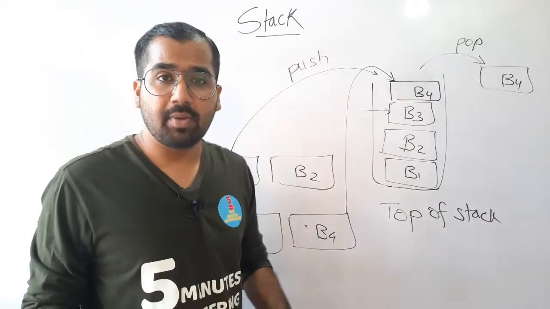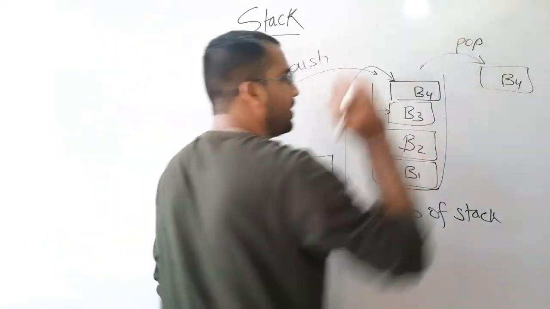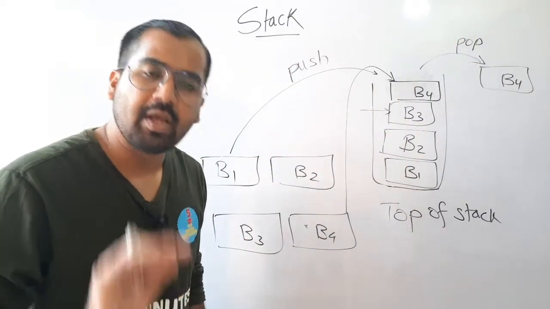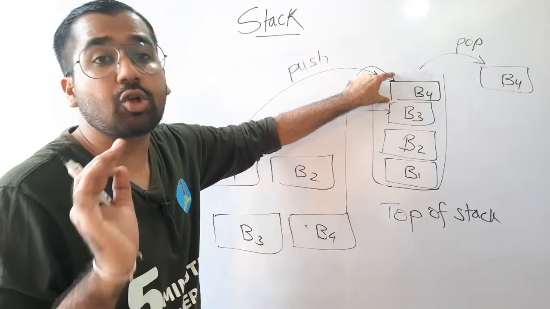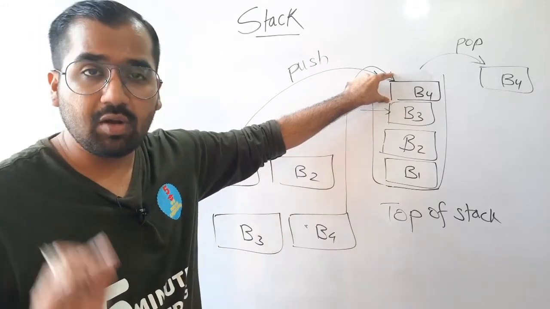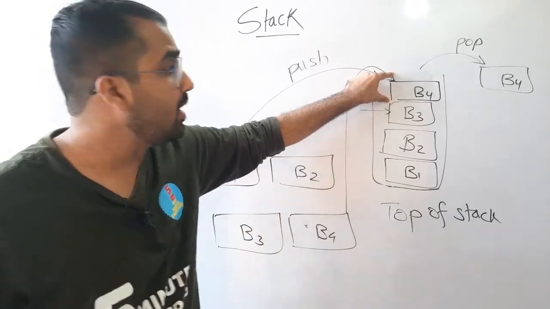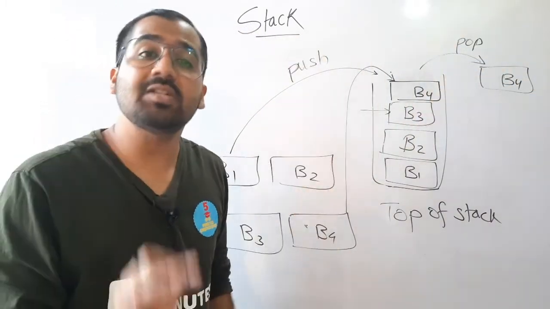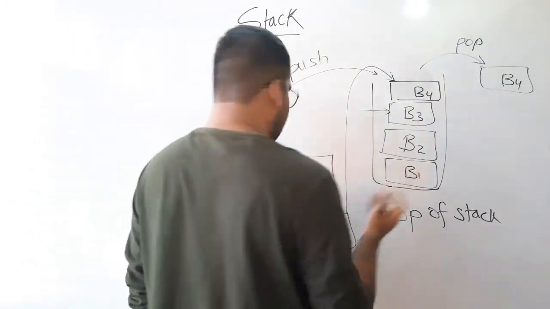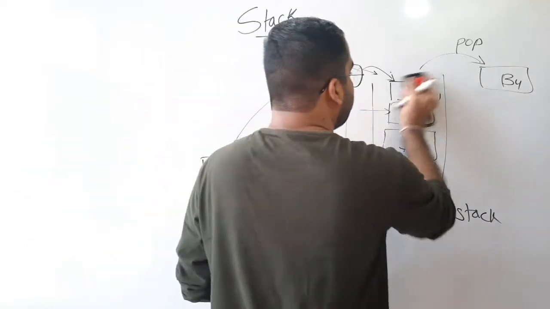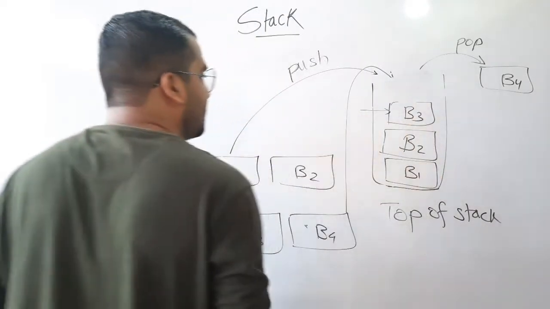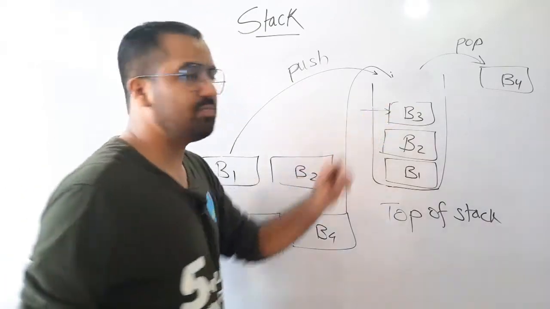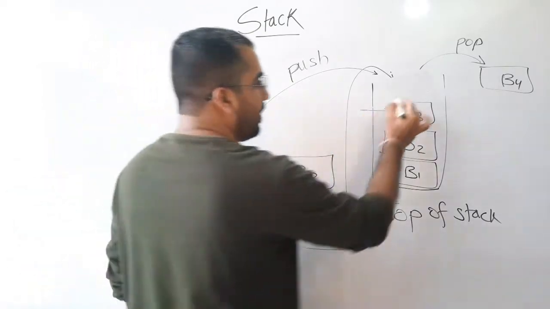Now what about pop? Whenever you perform the pop operation, always the top of the stack data element will be getting out of your stack. Let's say my current top of the stack is B3, and I perform a pop.